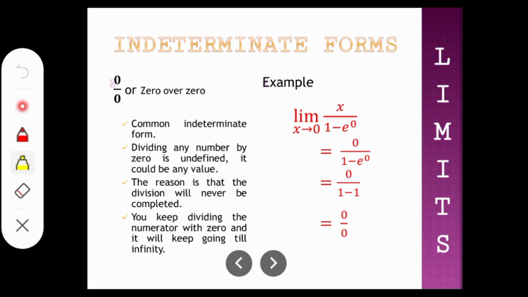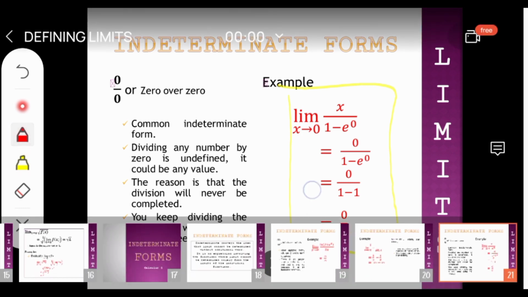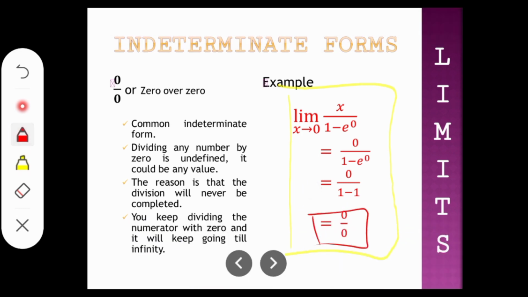The best example for this one: the limit of x over 1 minus a raised to 0 as x approaches 0 is equal to 0 over 1 minus a raised to 0, which equals 0 over 1 plus 1. So we copy the 0 here, and 1 plus 1 is 0. So this is the answer, 0. That is our 0 over 0 indeterminate form.